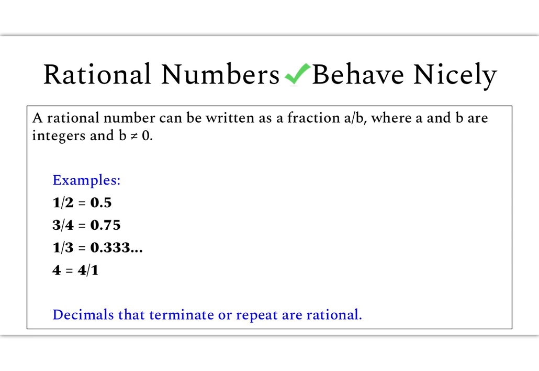A rational number is any number that can be written as a fraction. That's one integer divided by another, as long as the denominator isn't 0. Here, we can see A divided by B, and B cannot be 0. So, for example, a half equals 0.5.